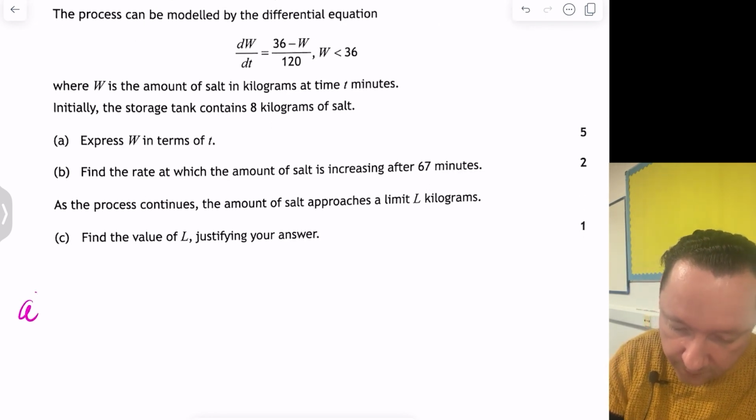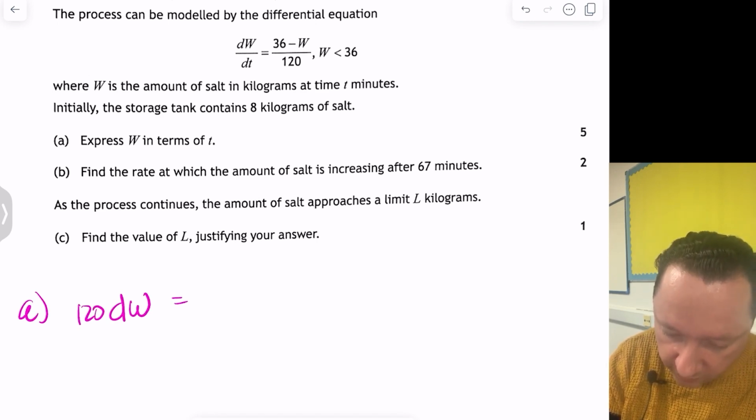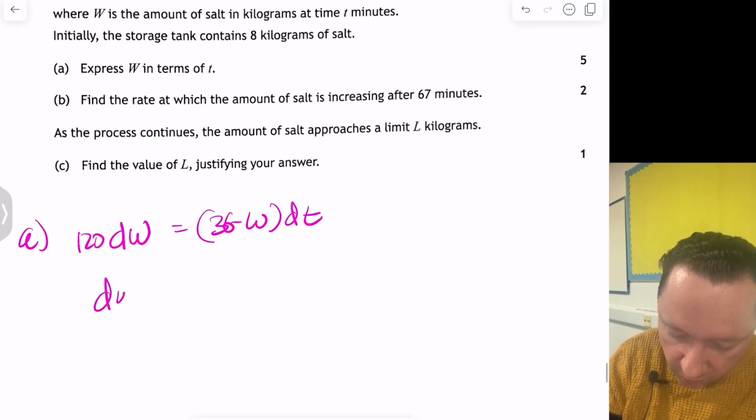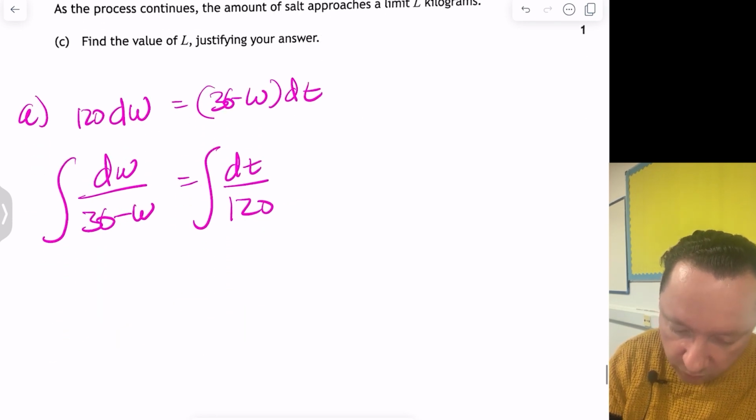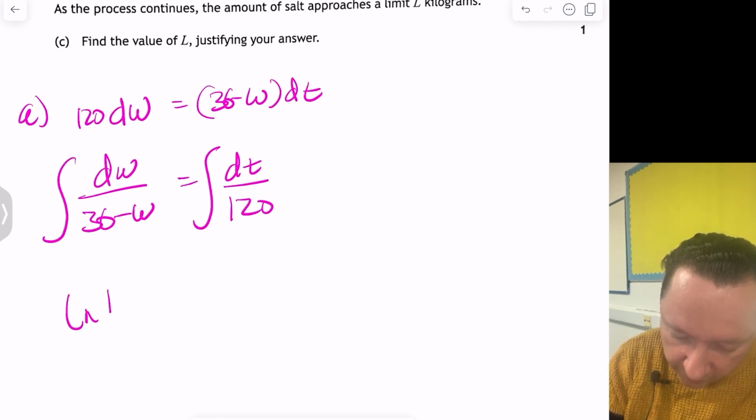Okay, part A. So I've got 120 dW equals 36 minus W times dt. So in other words, dW over 36 minus W equals dt over 120. Integrate both sides. That's a log for this one, so it's the log of 36 minus W, but chain rule, remember, applies, so times minus 1.